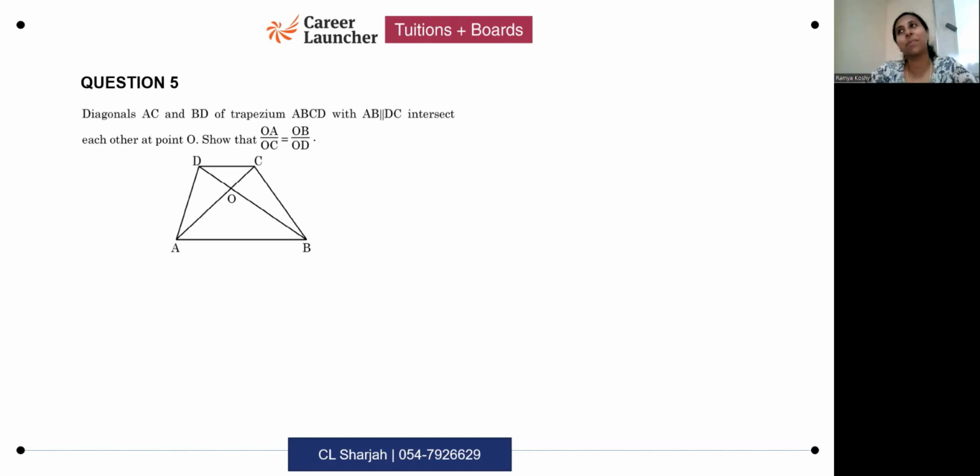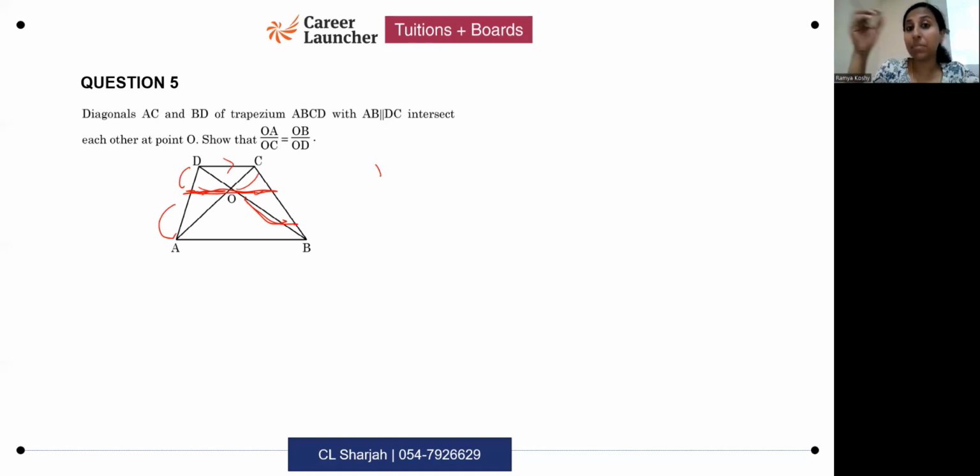There is a way to do it by using BPT, for which construction would be needed. If they insisted in the question, use BPT and then prove this, then you need to construct a line which is parallel. But you're free to use any method. So which is easier, BPT or similarity? Similarity is easier. Yes, see you have OA, OC, OB, OD. Easy question.